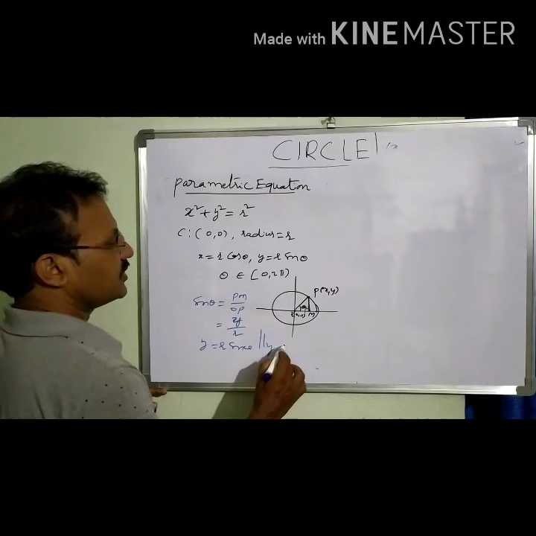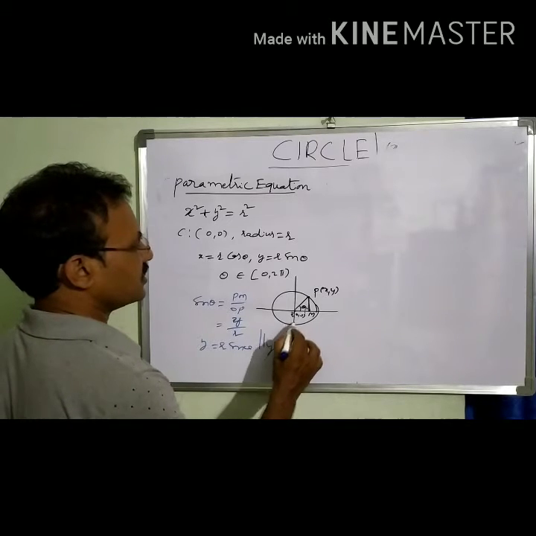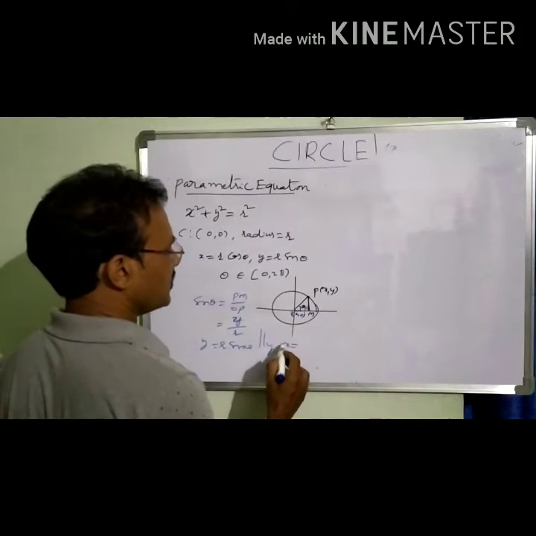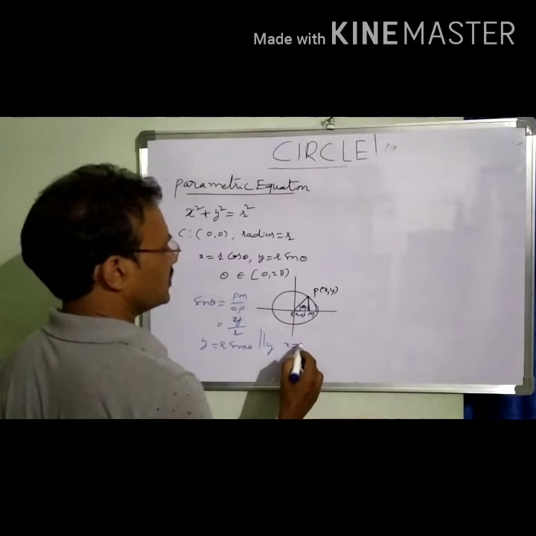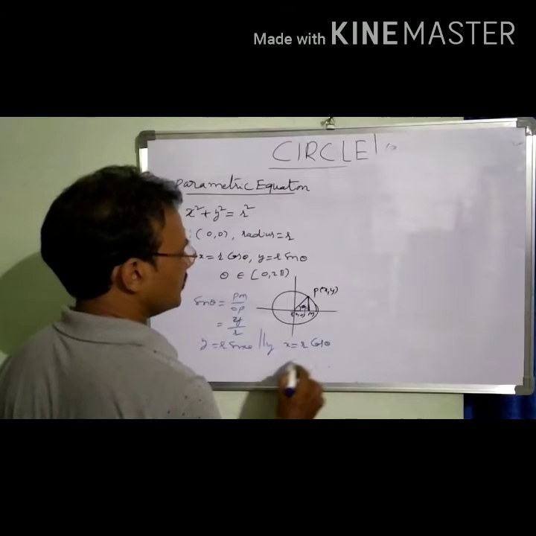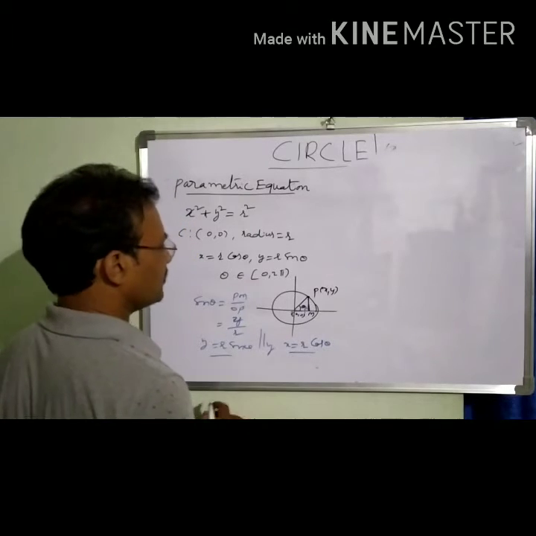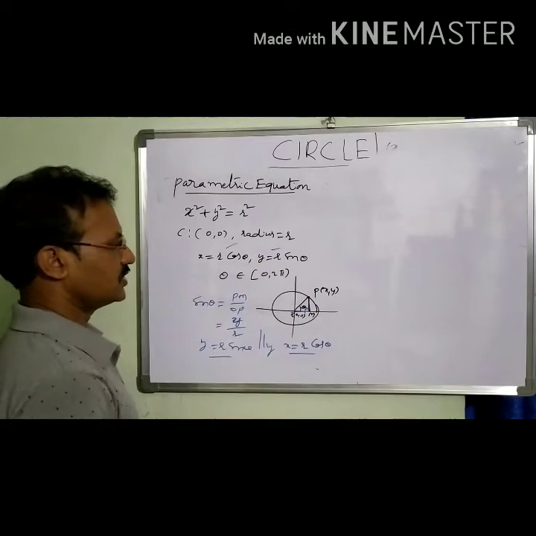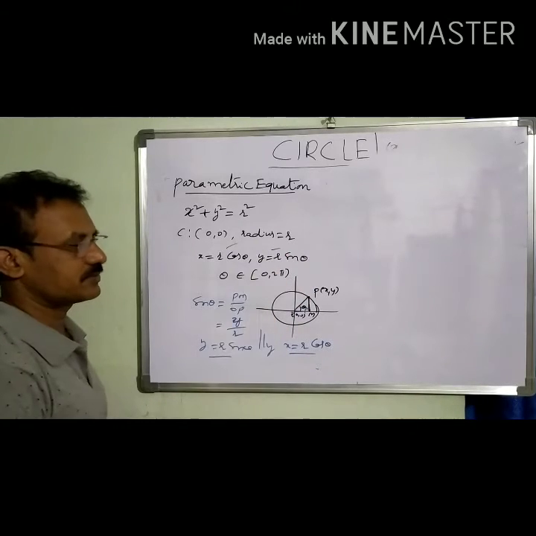Similarly, cos theta is equal to OM by r, that implies x is equal to r cos theta. You will get the parametric equation x is equal to r cos theta, y is equal to r sin theta, where theta is the parameter.